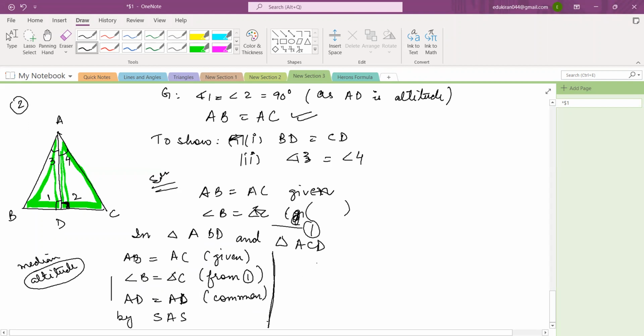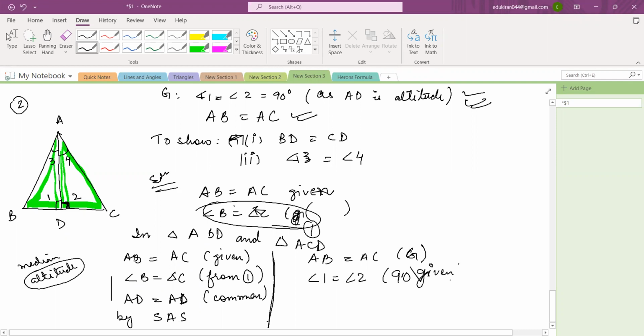Another way: I can make use of the given condition that they are 90 degrees, instead of using this. So I can write AB is equal to AC, which is given. Angle 1 is equal to angle 2, which is also 90 degrees, given. And AD is common, AD is equal to AD.